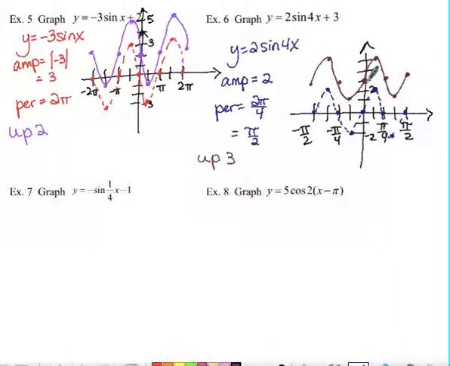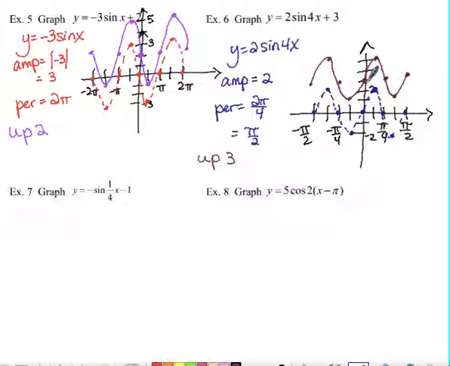Okay, does this seem as straightforward as I think it is? Okay, so again, you start with y equals a sine bx, or y equals a cosine bx. Draw it in a dashed curve, and then you do your h and your k.